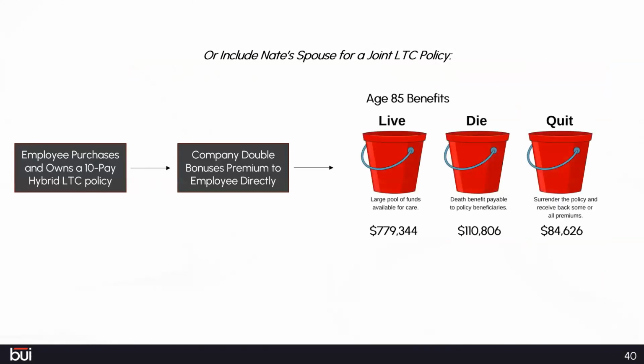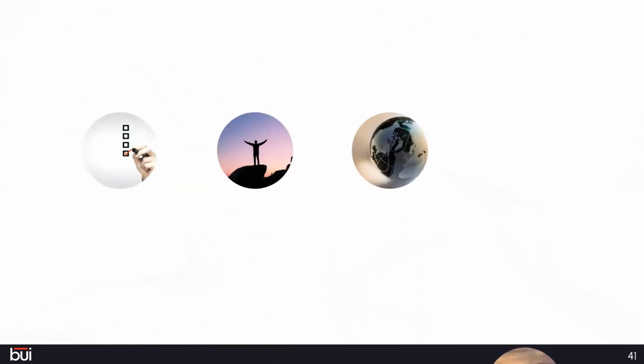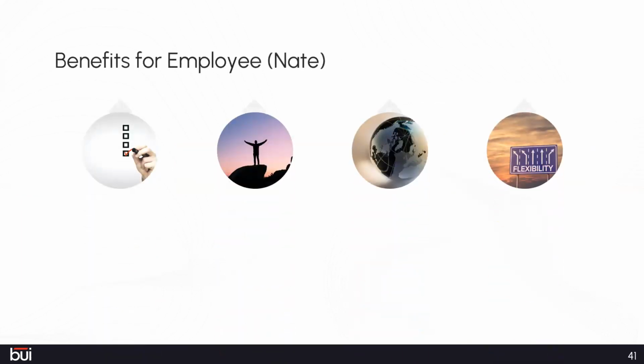And at age 85, Nate and his spouse have a pool of long-term care funds of $779,000. So what a great way to make Nate's wife also feel good about his position and his employer and feel like she's also being included in the benefits. So when we look at the benefits to Nate, number one, first and foremost, Nate has a planning mentality.